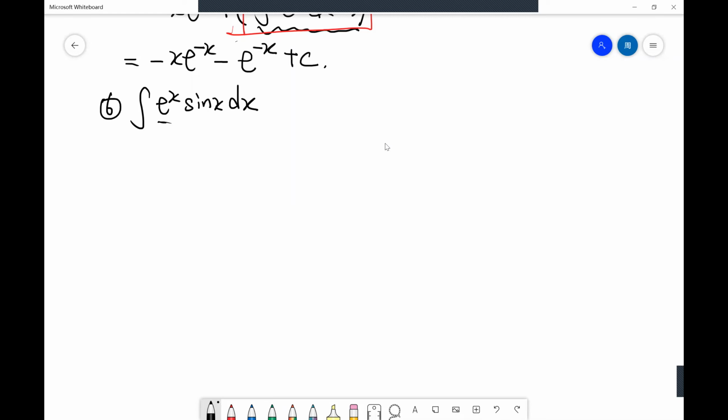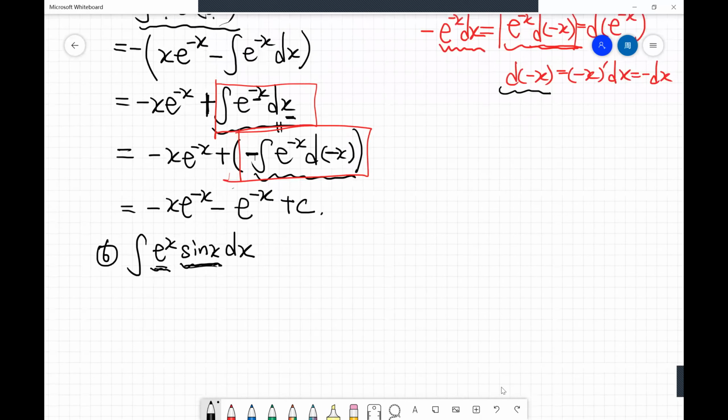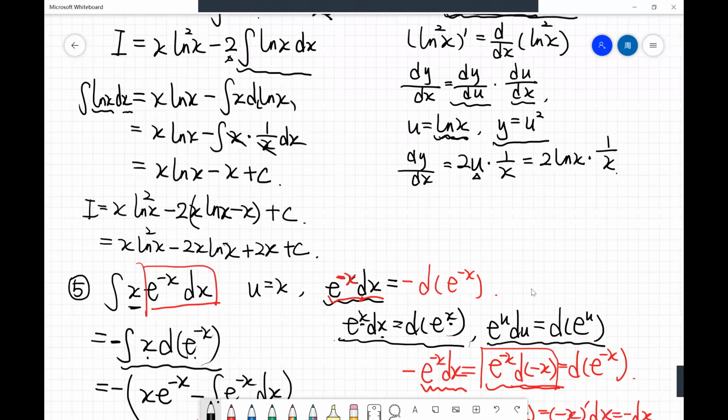Number 4 is the exponential function, and number 5 is the trig function. And when we solve the questions, number 4 and number 5 can be exchanged. You can choose sin x as u, or you can choose e^x as u. Which one is okay? Mostly, they can be exchanged. The places of number 4 and number 5 can be exchanged.